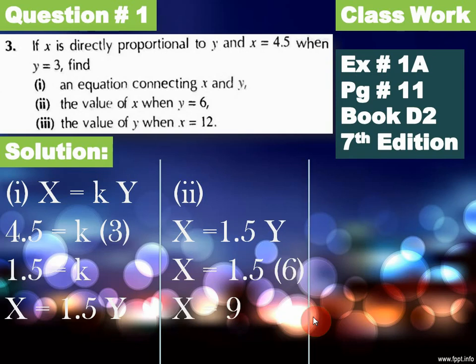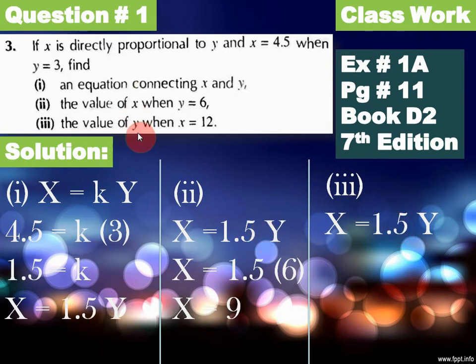Now moving on, question number 1 part 3 is find the value of y when x equals 12. Again we have to write first the given equation x equals 1.5y, which we calculated in the first part. Again and again, whether it is the second part, third part, fourth part, 5, 6 and so on, we have to write first the equation which we calculated in the first part.